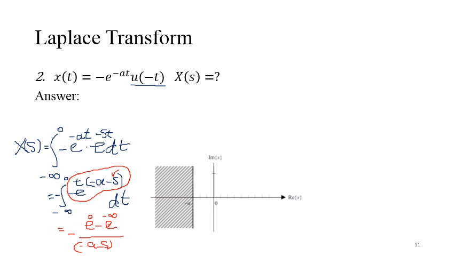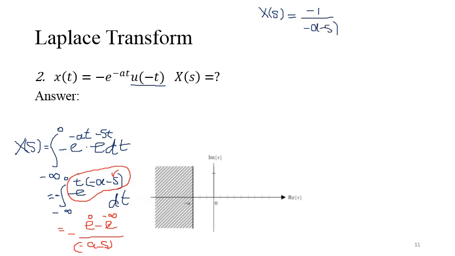So again, if I write it there, X of s is equal to e power 0 is 1, and e power minus infinity is 0, so this is minus 1 over minus a minus s.